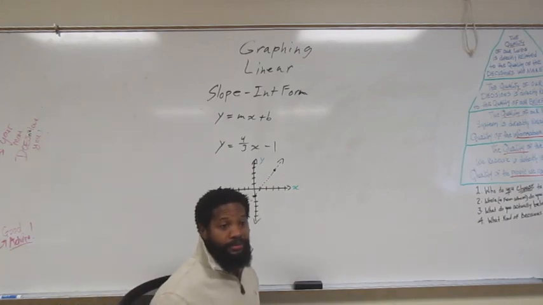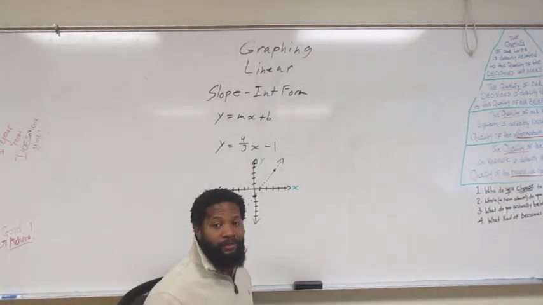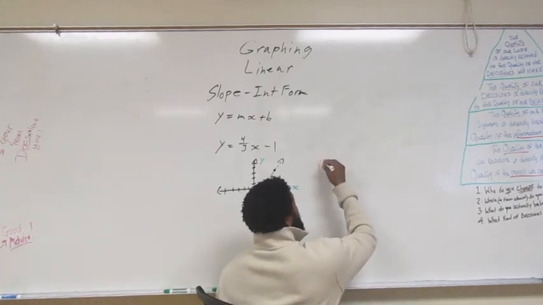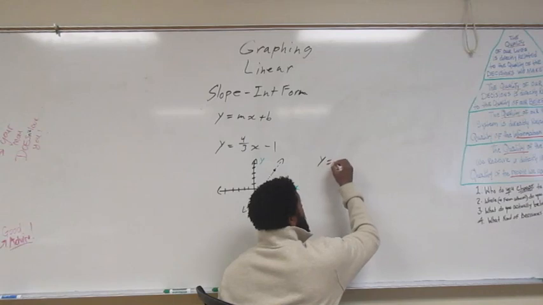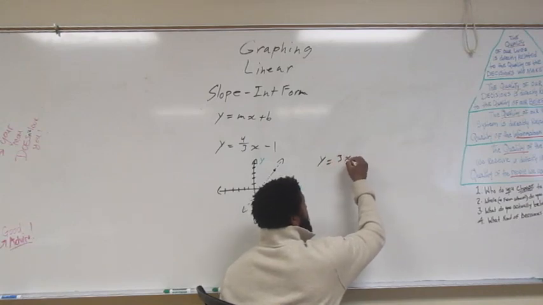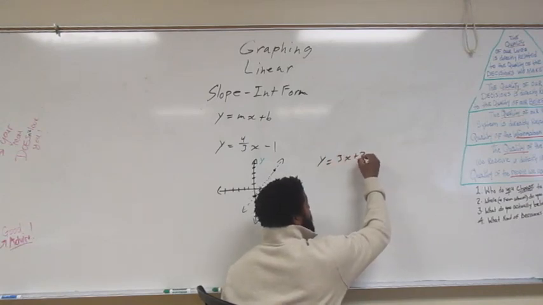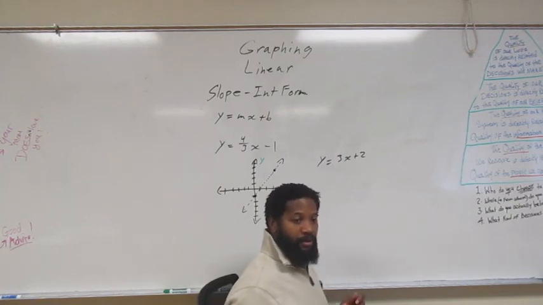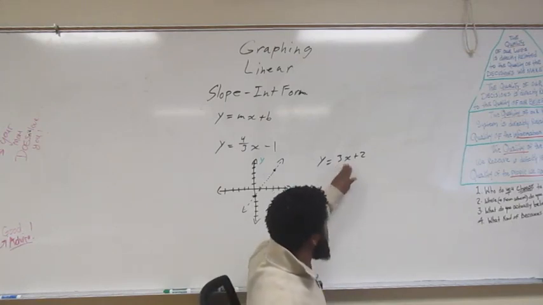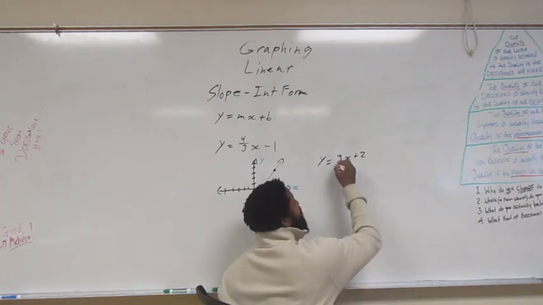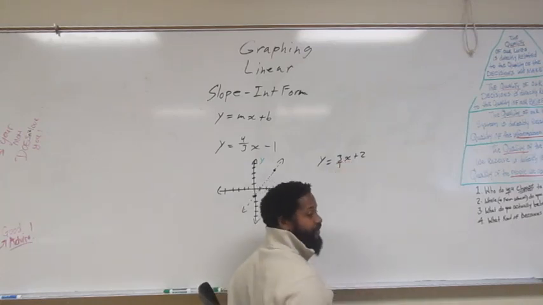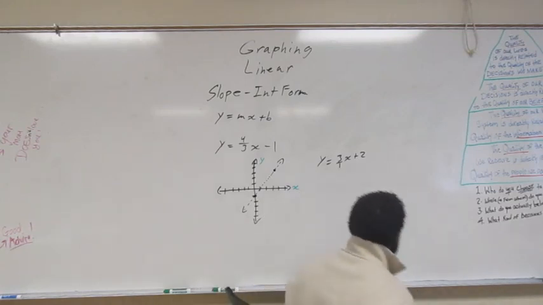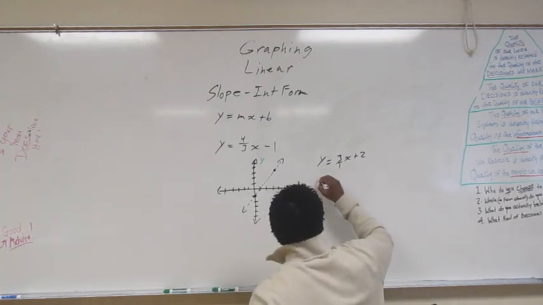For whole numbers, if you have a whole number for your slope, say for example y equals 3x plus 2, if you have a whole number next to your x as your slope, just put a 1 underneath it, okay? Matter of fact, let me write that in.